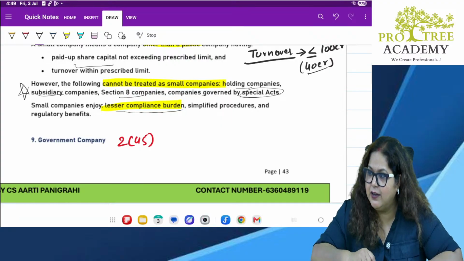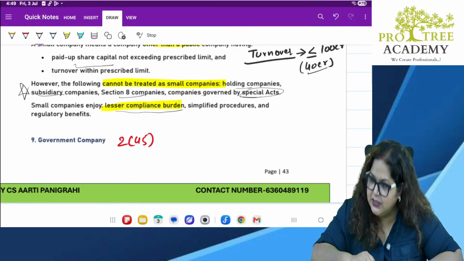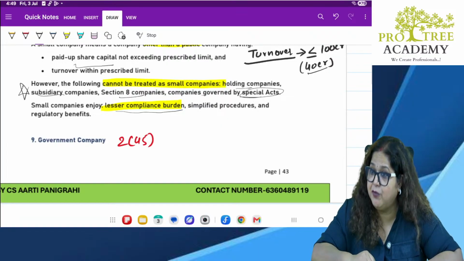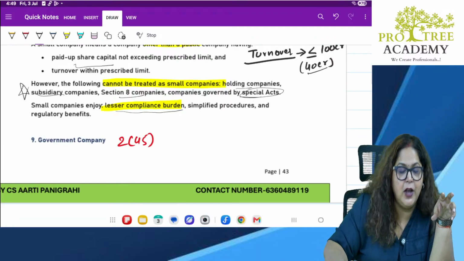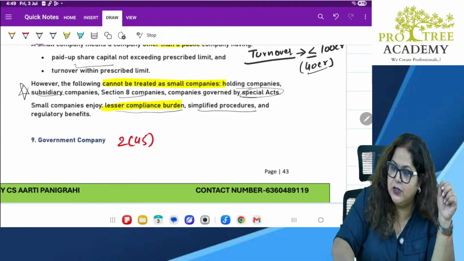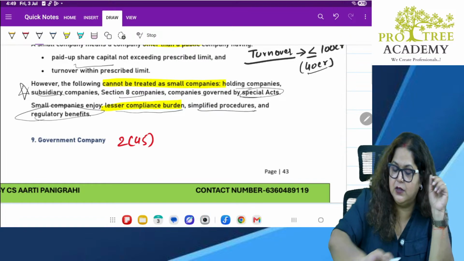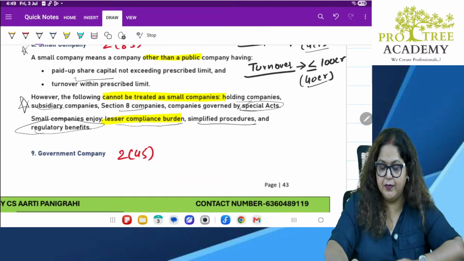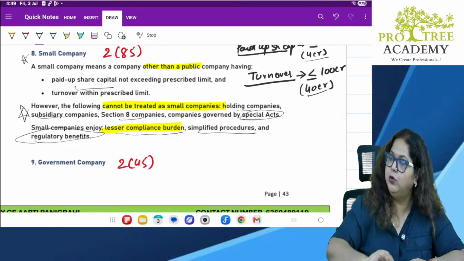ROC, MCA, stock exchanges if it is a listed company, SEBI, RBI if it is a foreign company. So they are the regulators. In a small company, compliances are lesser, procedures are simplified, and there are regulatory benefits. Which companies are not covered under small company, that also you have to remember.